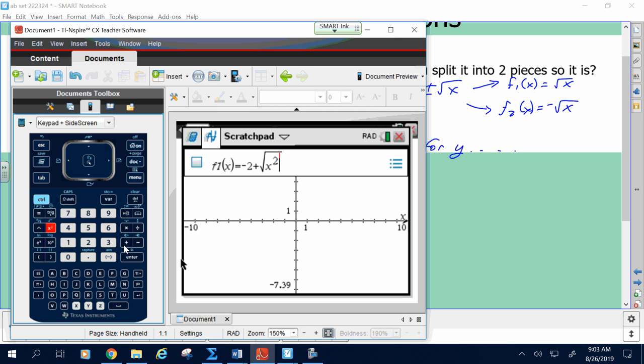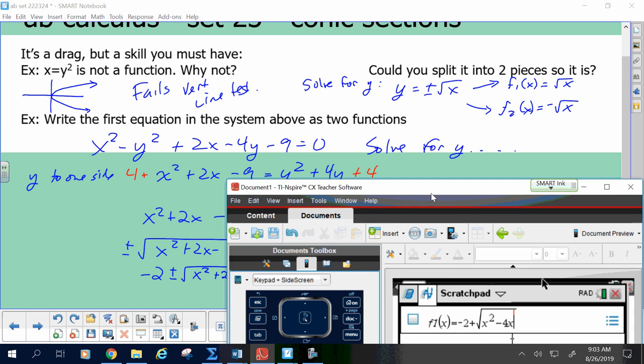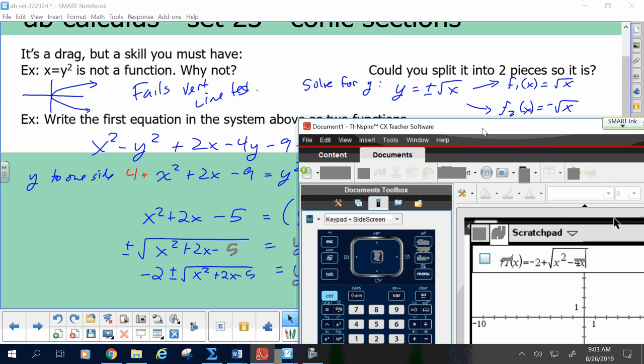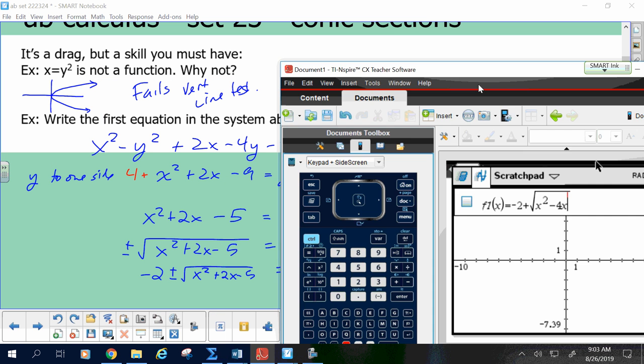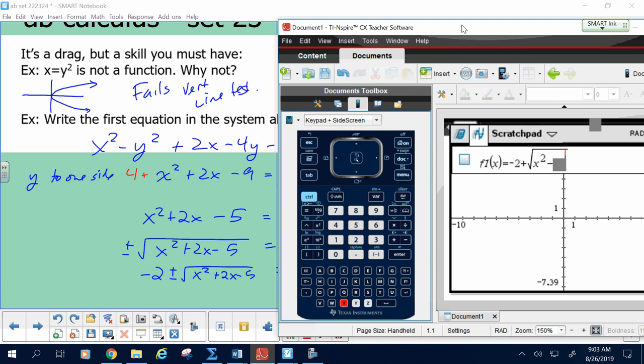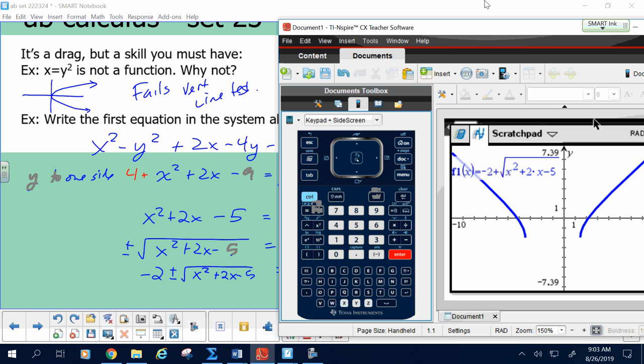Oh, I can't remember. Minus 4x? Nope, it's plus 2x, isn't it? Are you with me here? Negative 2 plus the square root of x squared plus 2x minus 5, yeah? And that gives me the top half of the hyperbola.